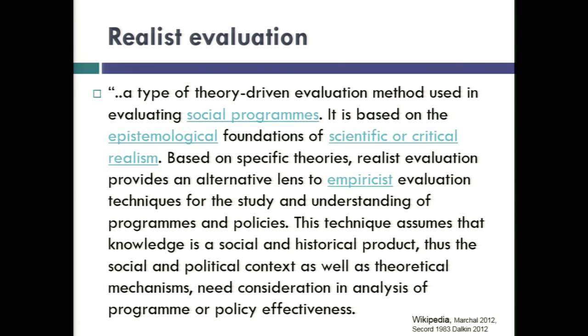Based on specific theories, realist evaluation provides an alternative lens to empiricist or positivist approaches to evaluation. And again, the technique assumes that knowledge is a social and historical product, and thus social and political context as well as theoretical mechanisms need to be considered in the analysis of programs or policy effectiveness. So the main thing to remember here is we're really about explaining why things work. We're about generating evidence on why things work, not whether, why.